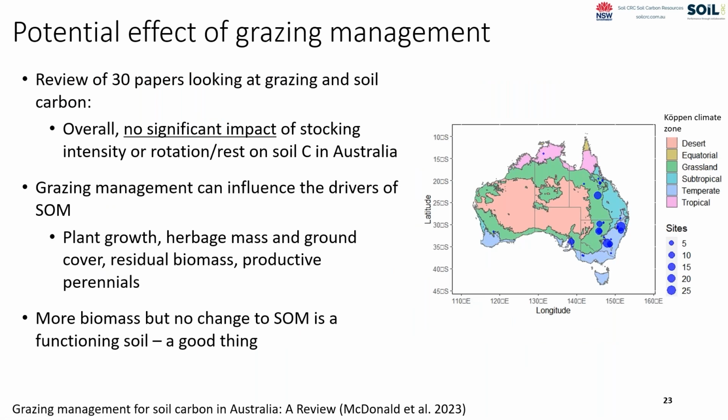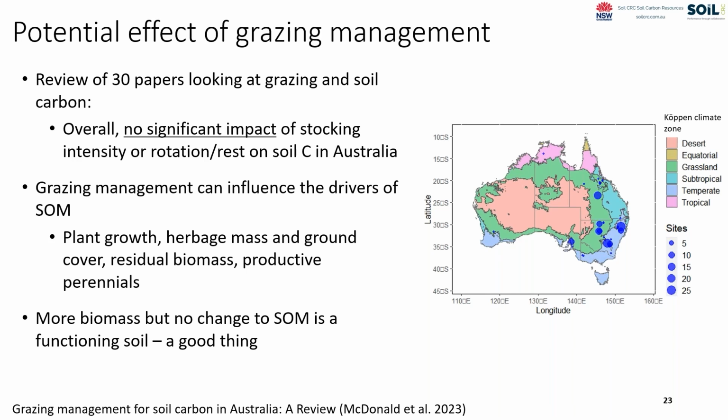Grazing management is often seen as a way to be increasing soil carbon levels. But Sarah McDonald led a review published last year, looking at 30 papers where grazing trials and carbon levels were managed or measured in Australia. And overall, they found that there was no significant impact from the different practices.